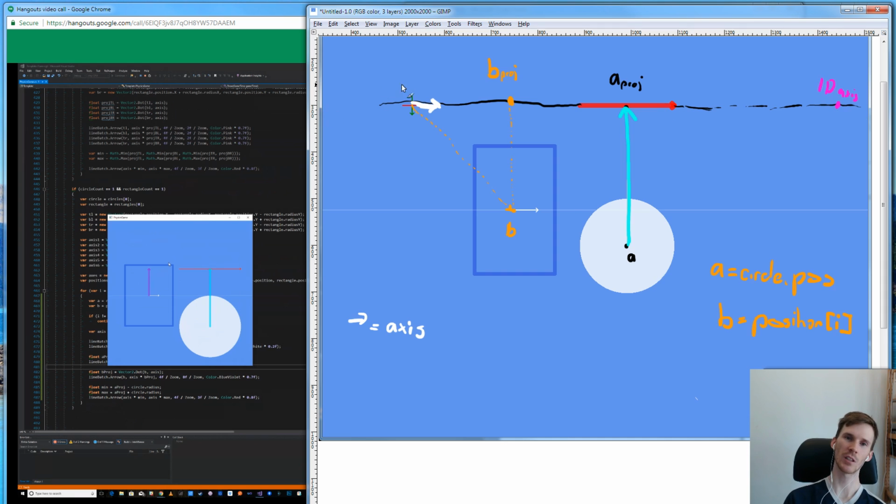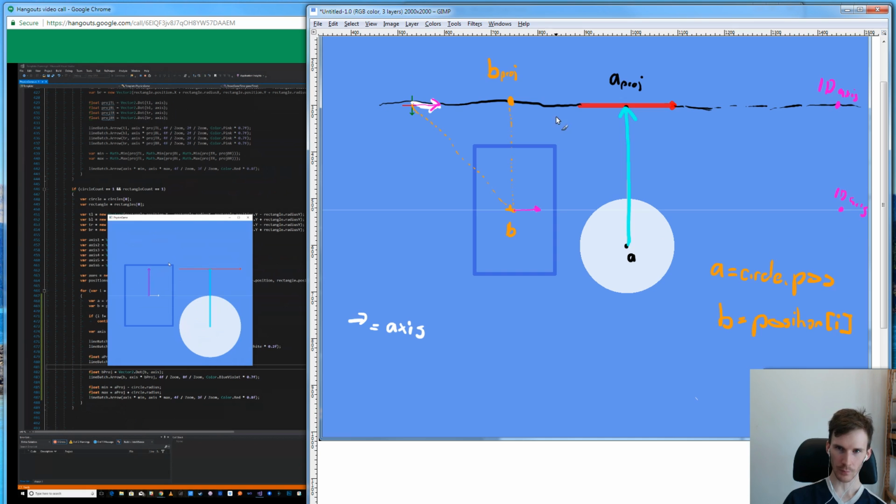It's got a position, and then it's got a direction. And this is this one here. We have the same thing down here. This is like B going in the direction of axis. And we're trying to transform between these two 1D axes.